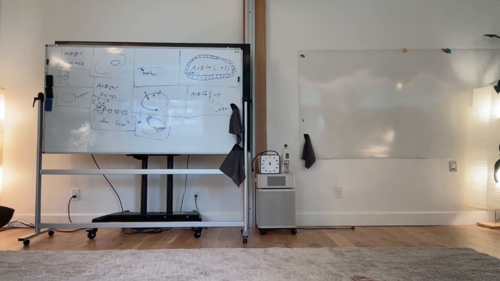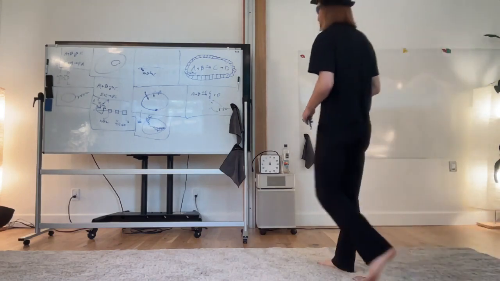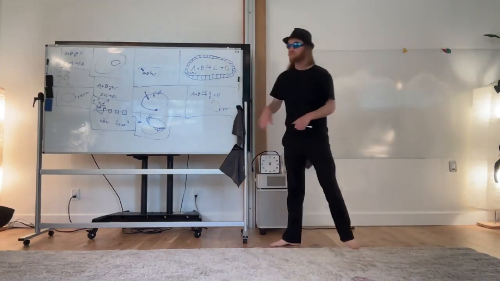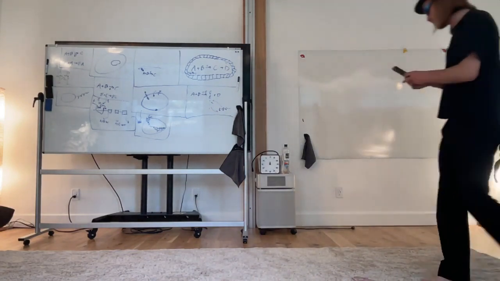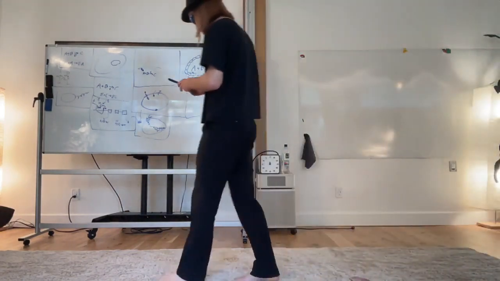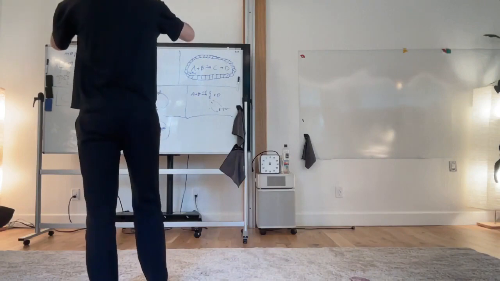All right. For multicellularity, we're going to take a small step backwards first and talk about self-assembly in general. So, like, how do things self-assemble? Why does that happen?